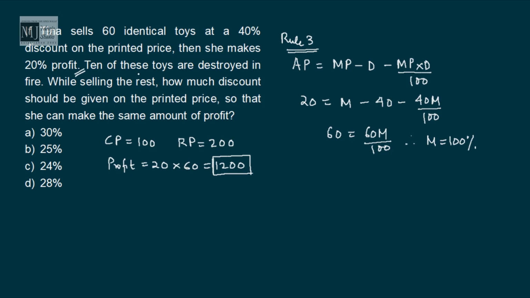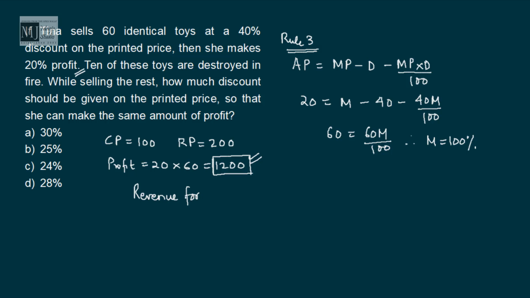price. 10 of these toys are destroyed in fire. Now she is left with only 50 units. While selling the rest, how much discount should be given on the printed price? See, the printed price is 200, it's not changing. So that she can make the same amount of profit. How much does she want in return as revenue?